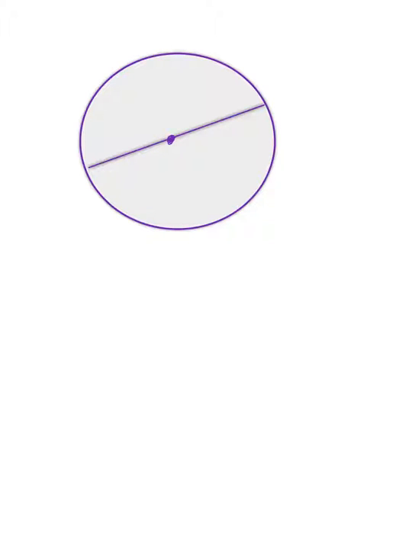When I have an angle inscribed in a semicircle like this, which means that one side of the angle is going to go through the end point of the semicircle, and the other side of the angle is going to go through the other end of the semicircle.